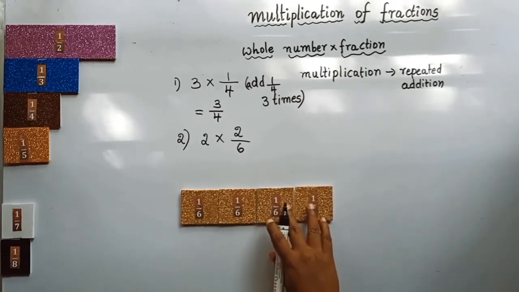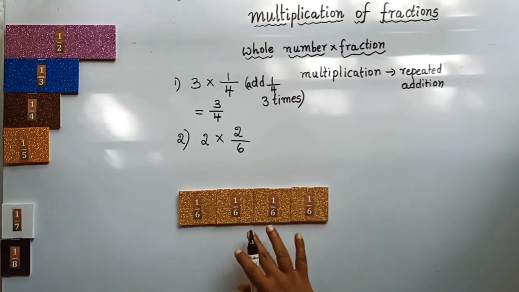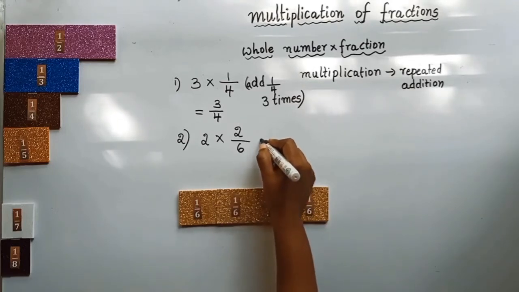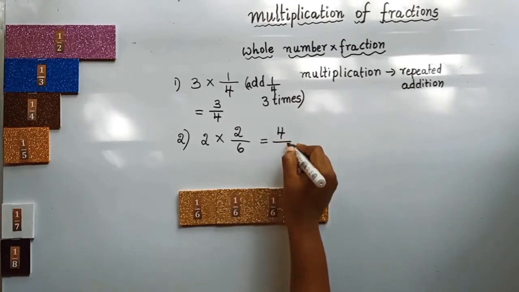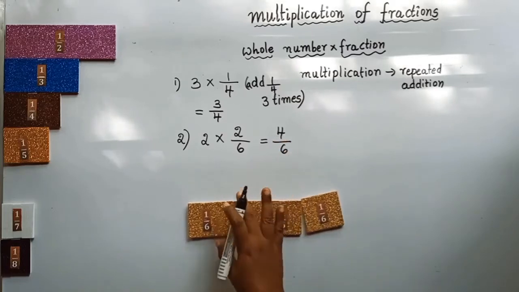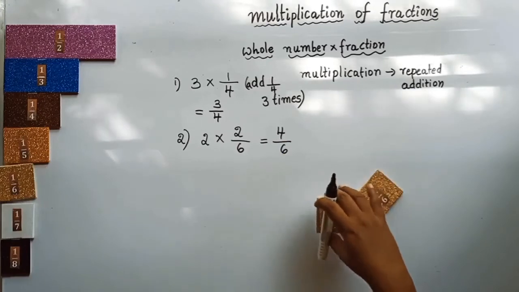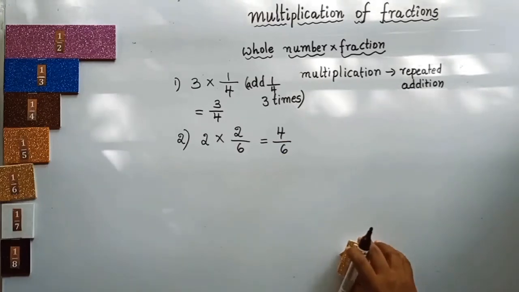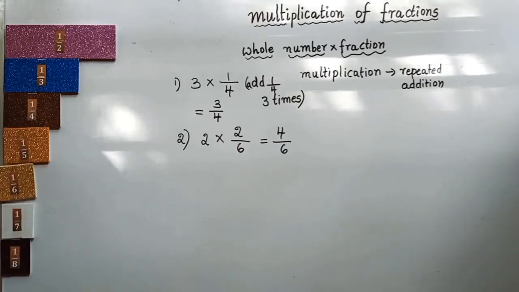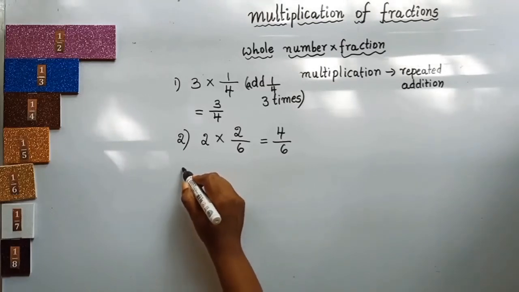Now add them together. That is 4 by 6. 1 by 6 4 times means 4 by 6. So 2 by 6 into 2 is equal to 4 by 6.